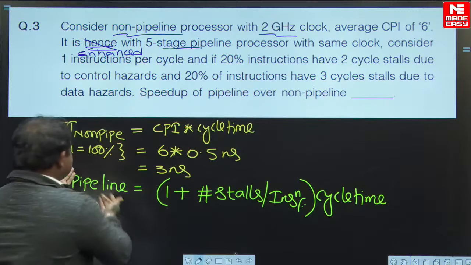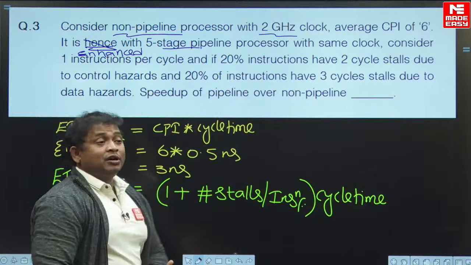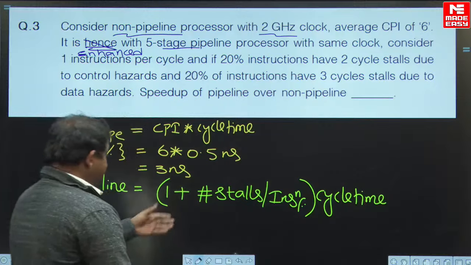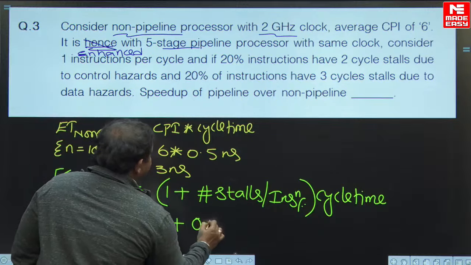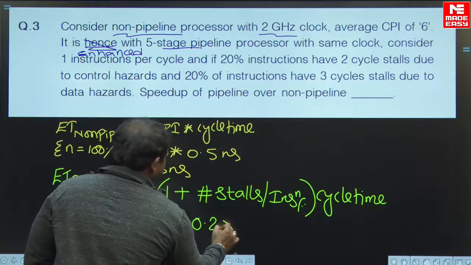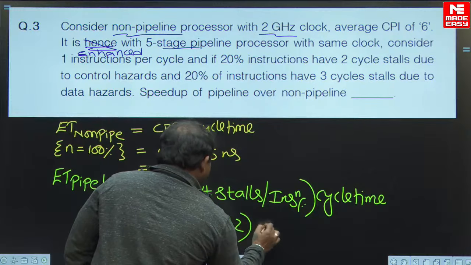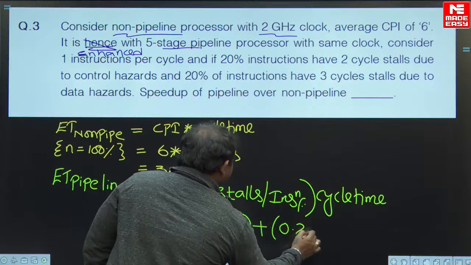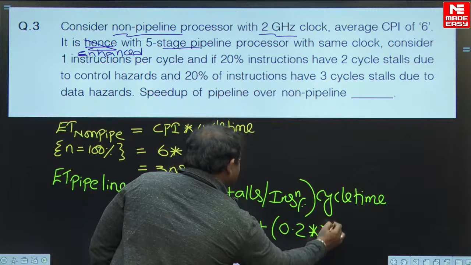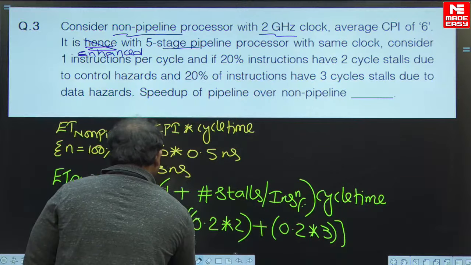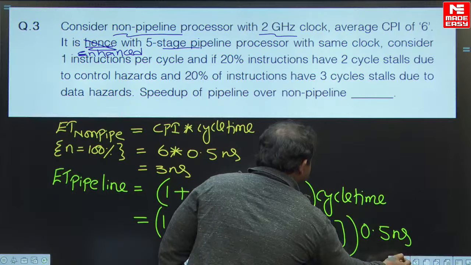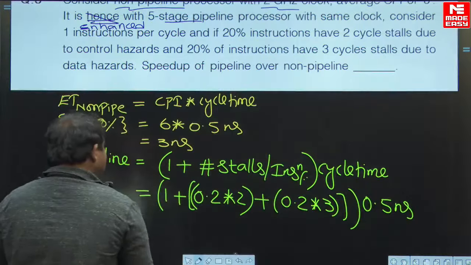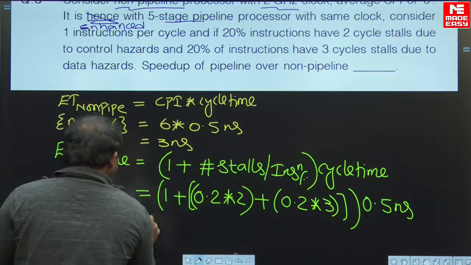Because n is not given, n becomes 100%. So this is a straightforward formula: 1 plus 0.2, 20% of instructions create 2 stalls, plus 0.2, 20% of instructions create 3 stalls, into cycle time, that is 0.5 nanosecond. Cycle time is the same in both the pipelines. So what is this value?